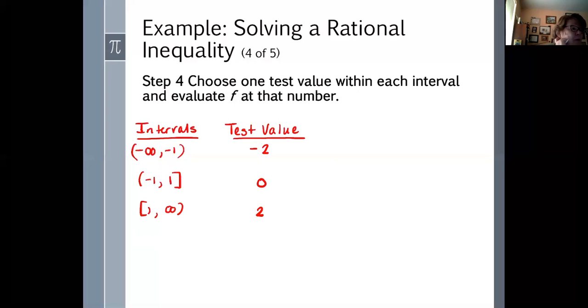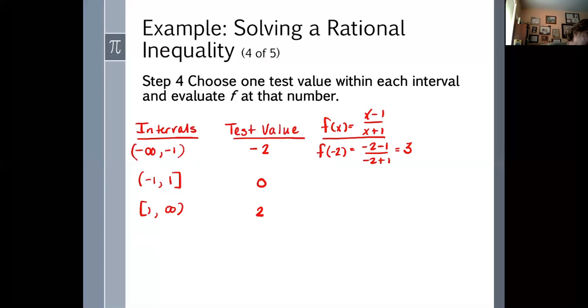All right, now I'm going to evaluate my function at these test values. And we had x minus 1 over x plus 1. So let's evaluate this at -2. That would be -2 minus 1 over -2 plus 1, and I believe that's going to be +3.